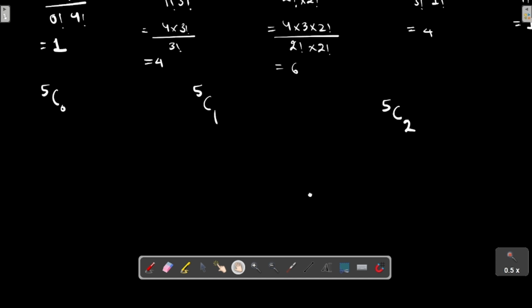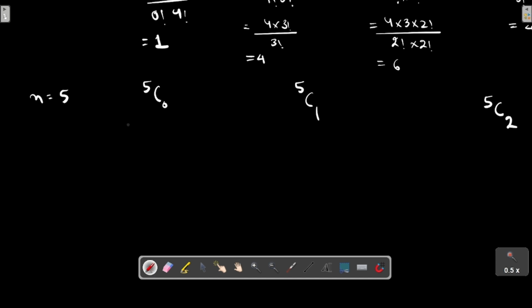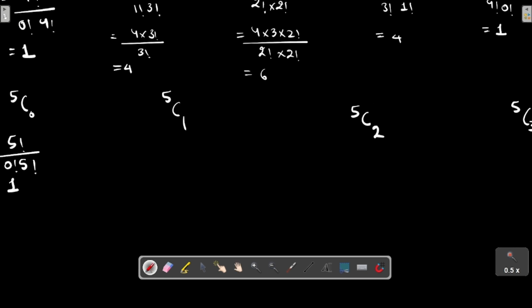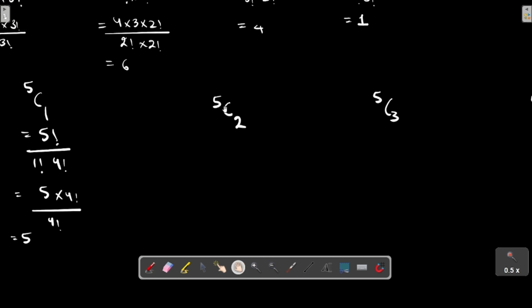Okay, let's expand this. Then you have 5C0 is 5 factorial upon 0 factorial. When you subtract the 2, it's just 5 factorial and it's 1. 5C1, it's 5 factorial upon 1 factorial, 4 factorial, and that is 5 times 4 factorial upon 4 factorial, and that is your 5.